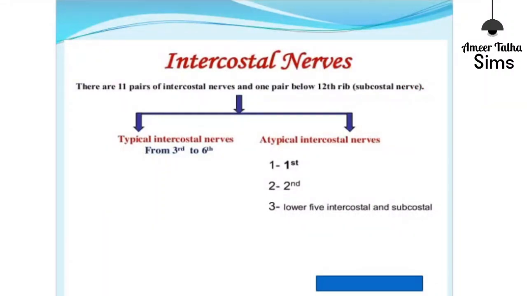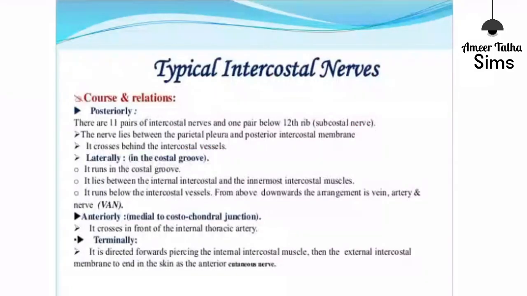Typical intercostal nerves, posteriorly, the nerve lies between parietal pleura and posterior intercostal membrane. Laterally, it lies between the internal intercostal and innermost intercostal muscles. And anteriorly, medial to the costochondral junction, it crosses in front of the internal thoracic artery and it terminates as the anterior cutaneous nerve.